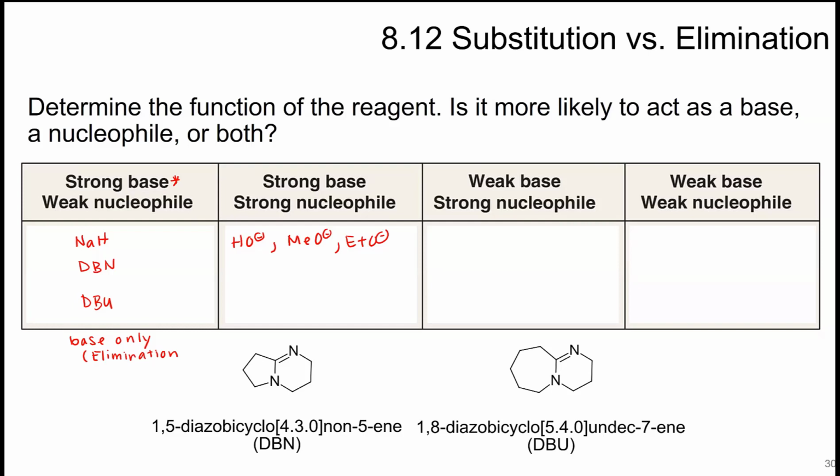Things that are weak bases and strong nucleophiles include I minus, Br minus, Cl minus, RS minus, HS minus, RSH, and H2S. These are things that you want to use for substitution only.